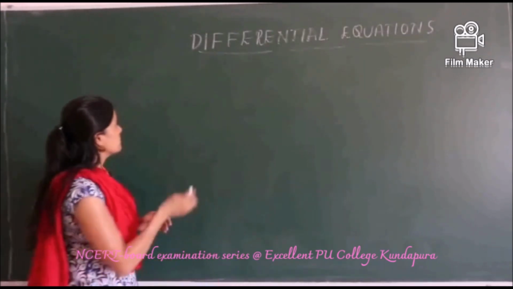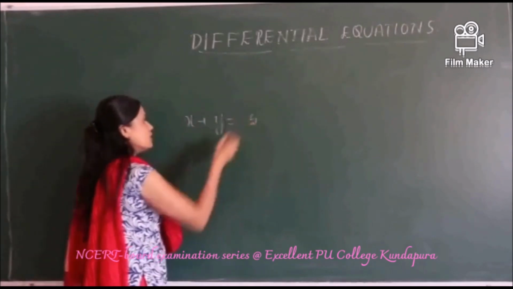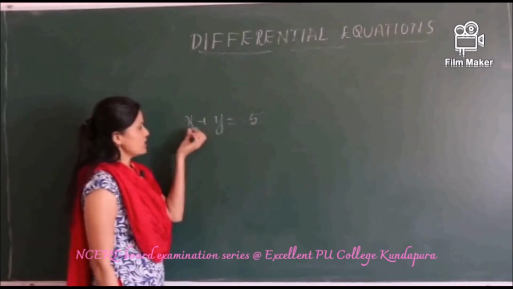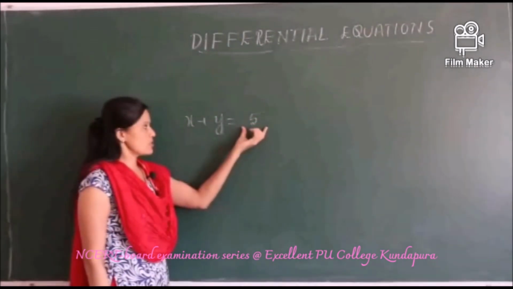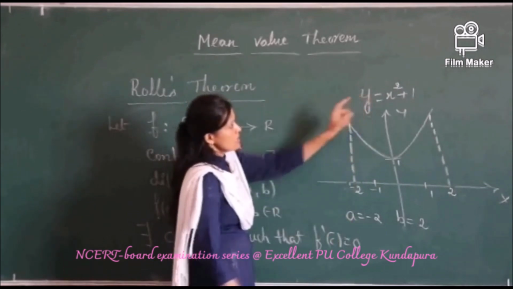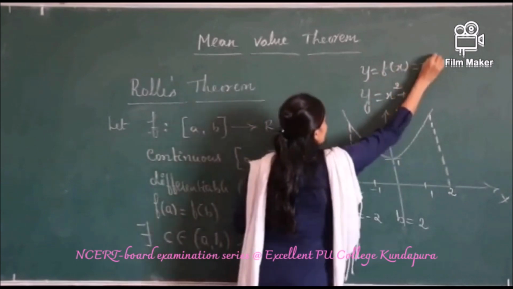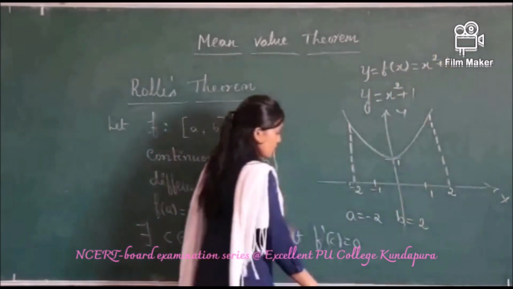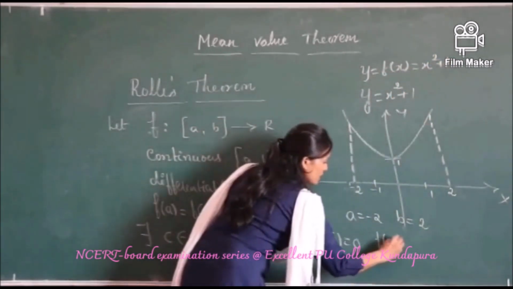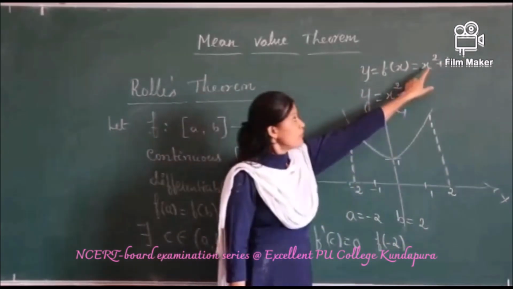For example, x plus y is one expression, 5 is another expression, so it asserts equality between the two. This is the function y is equal to f of x is equal to x square plus 1. So f of a is f of minus 2. What is f of minus 2?